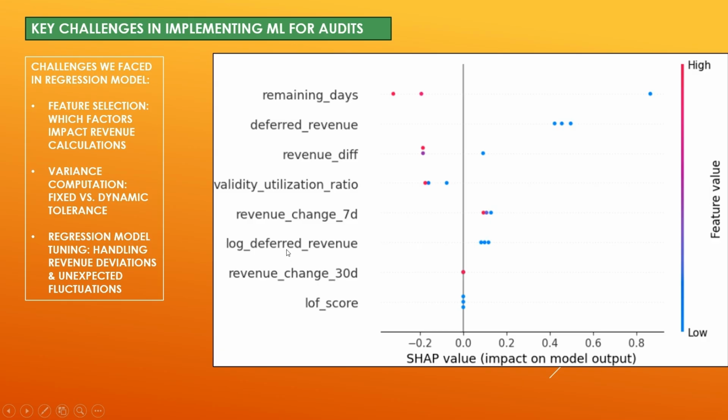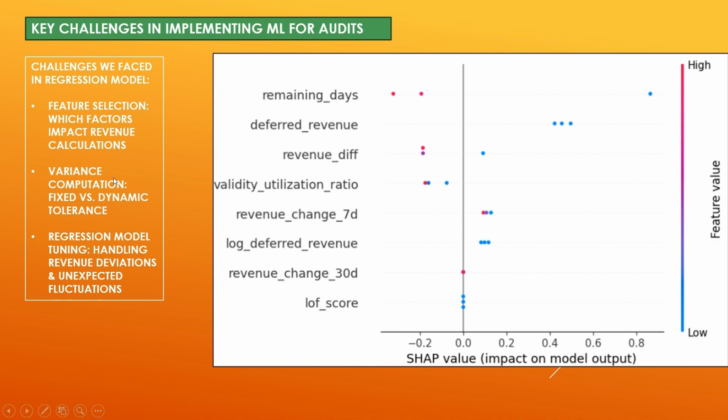We are checking revenue change in 30 days, revenue change 7 days, revenue 30 days. So we are checking this also. LF score we are checking. I will explain this in the next challenges.